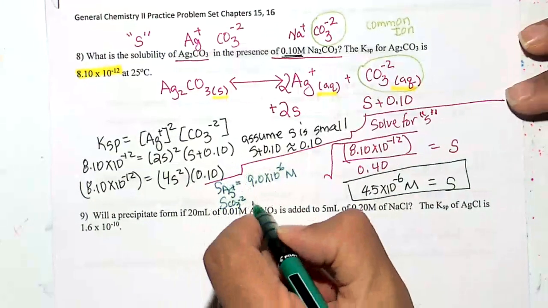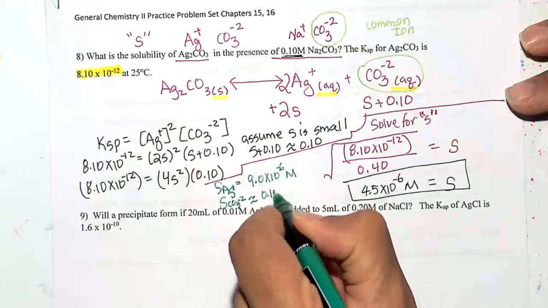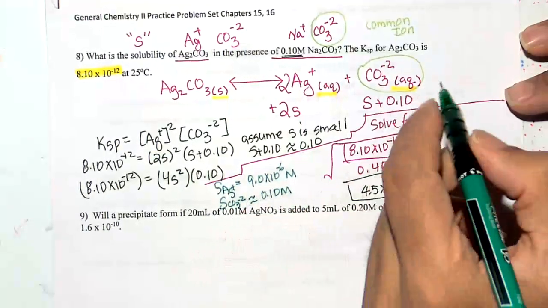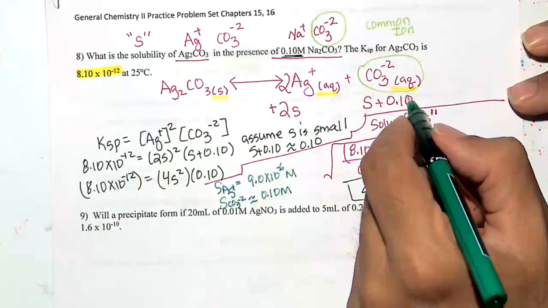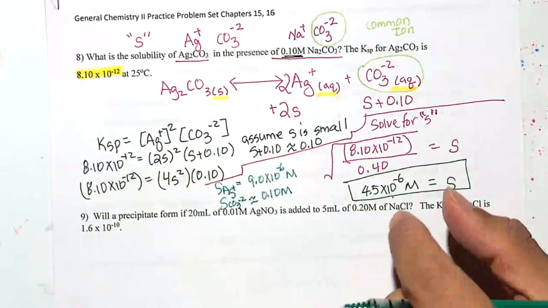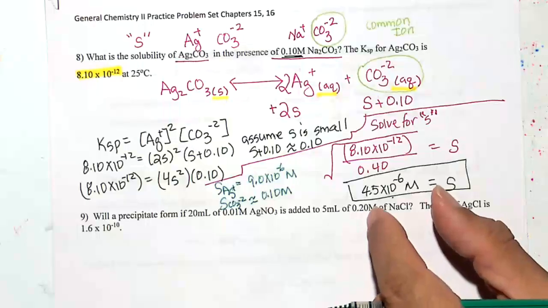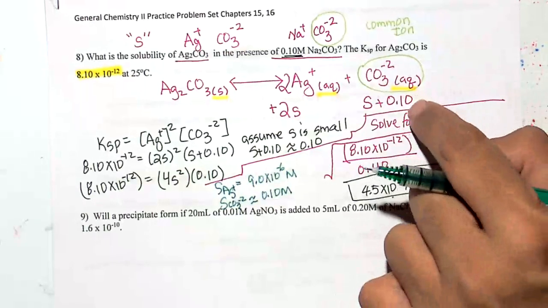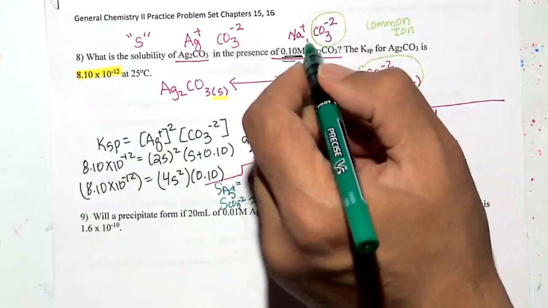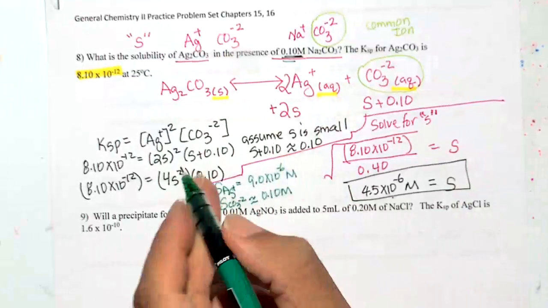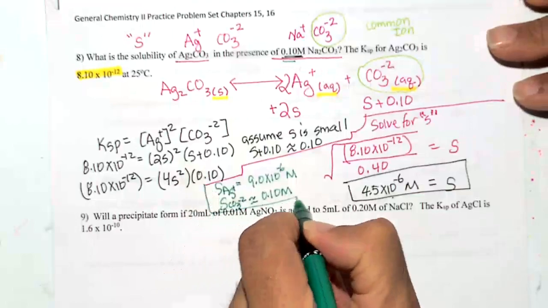And I'd like to convince you that it's just going to be 0.1. If you do it on your calculator, it's 0.1. You're adding a very, very small number, solubility, to the overwhelmingly dominant common ion, 0.10 molar. So this is the answer.